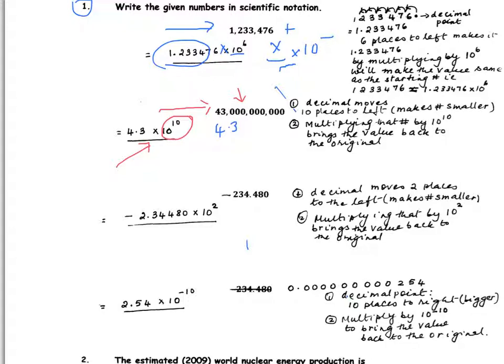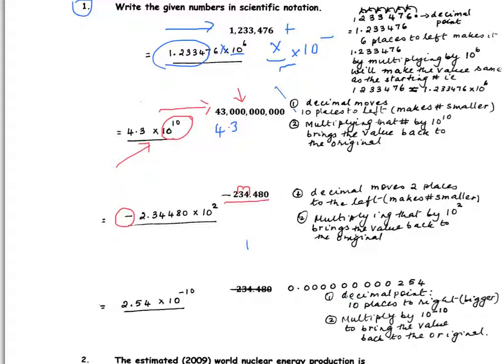Now the next problem, it's a negative number, negative 234.480. So the number is negative, so we stick a negative sign in front of it. We need to write it in scientific notation. So again, the decimal point has to be shifted enough places so we get a number between 1 and 10.